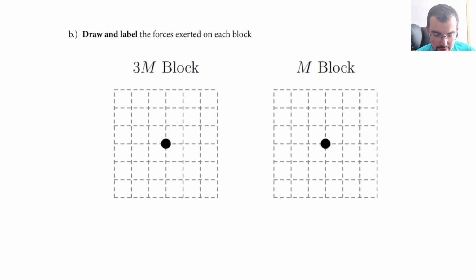Now let's draw and label the forces exerted on each block. So it makes sense for my 3m block to get 3 units of downward weight force. And my 1m block would therefore just get 1 unit. So that means the normal force, the force from the ground, on the 3m block would have 3 units, and on the 1m block, it would have 1 unit.